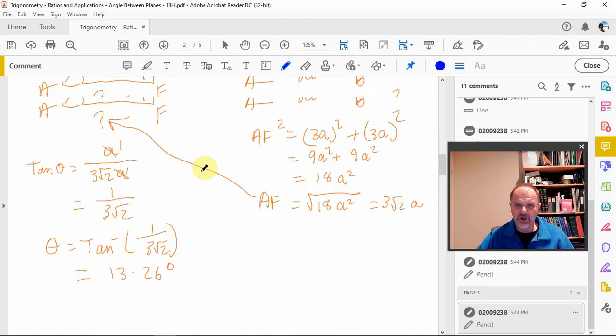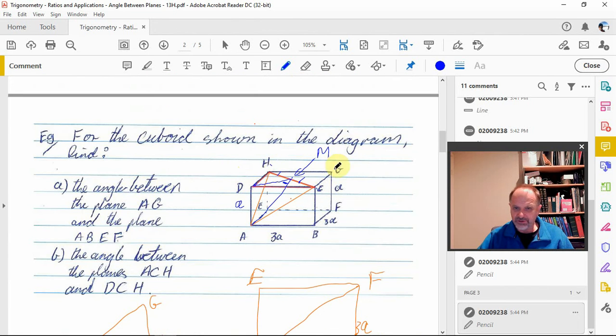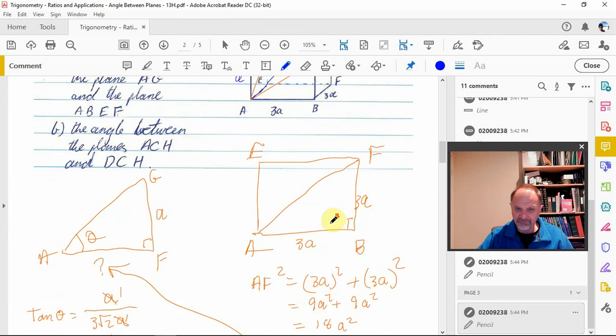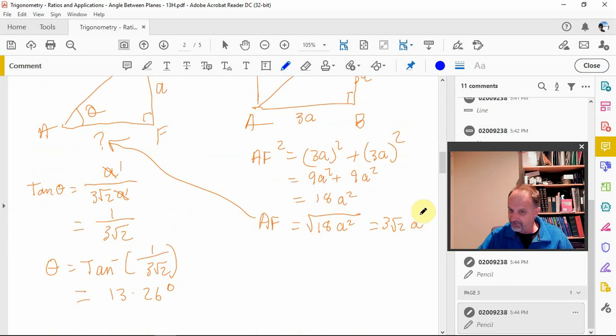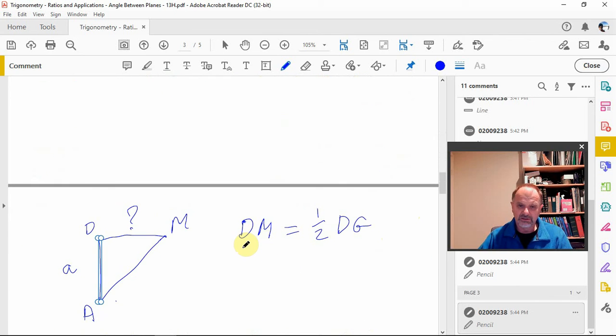And because the line DG is directly above the line AF, and we already know AF is this one here, so DM is a half of 3 root 2A. Half of that. So 3 on 2 root 2A.